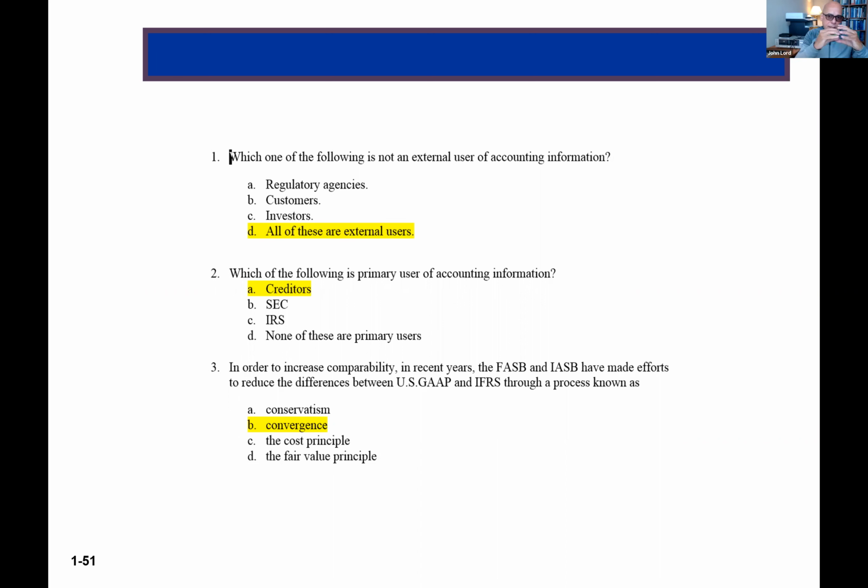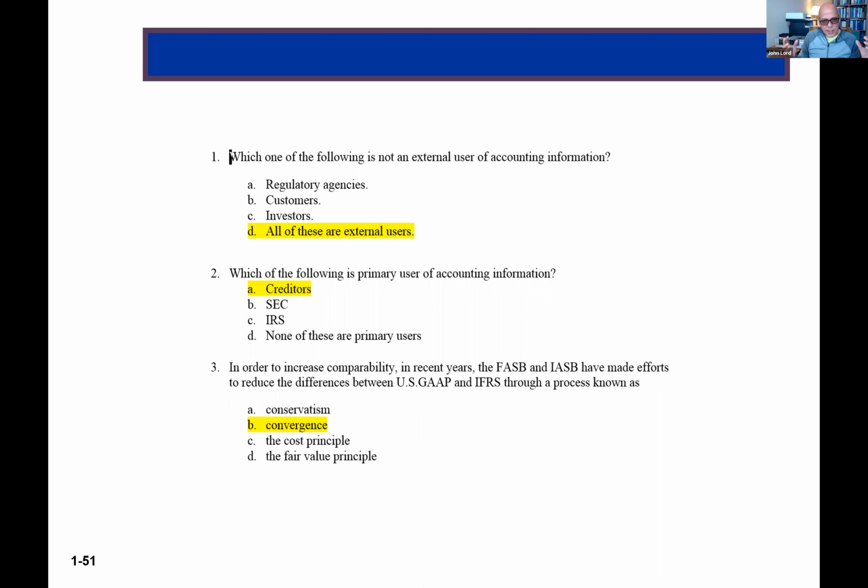The idea being that if we're working from the same basic framework, then our standards should be pretty close to each other, although there will always be differences between what the FASB issues for US GAAP and what the International Accounting Standards Board issues in IFRS for countries that choose to use IFRS.